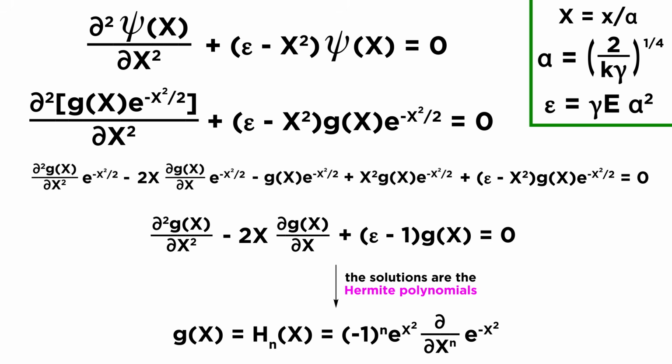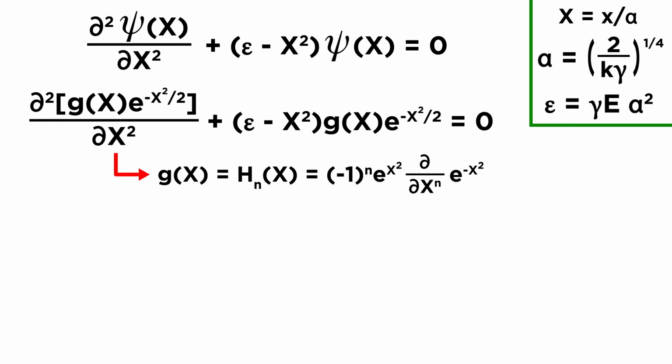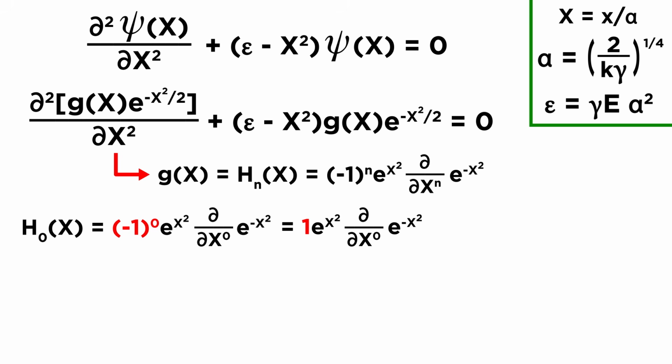Now we can easily find some of the Hermite polynomials by plugging in values for n. For example, when n equals 0, we plug in 0 for these two locations. This first exponent makes this parenthetical equal to 1, and then taking the 0th derivative basically just means that we are not taking the derivative at all, so the expression is unchanged.